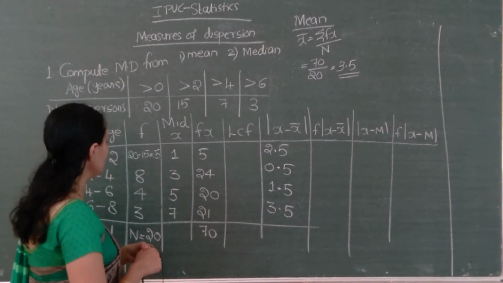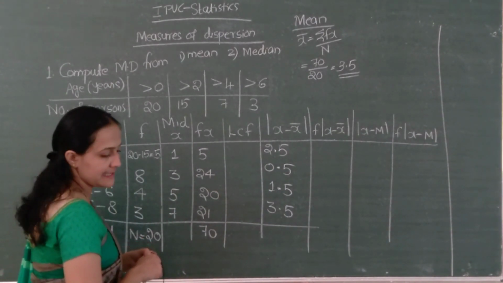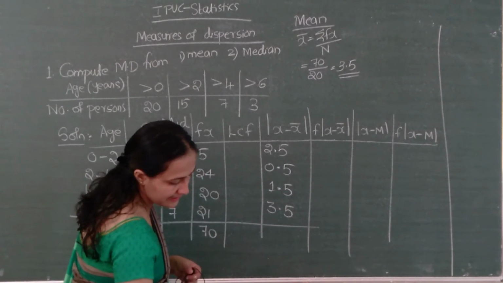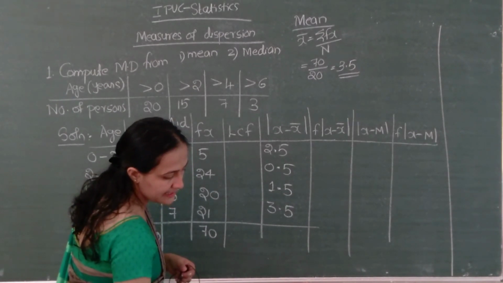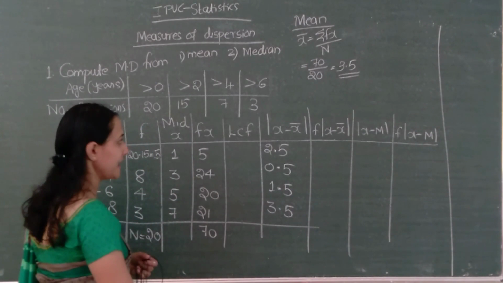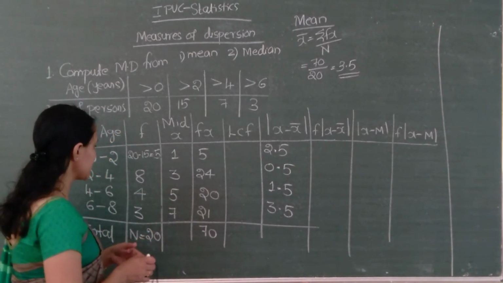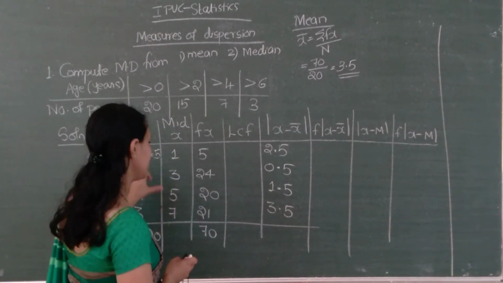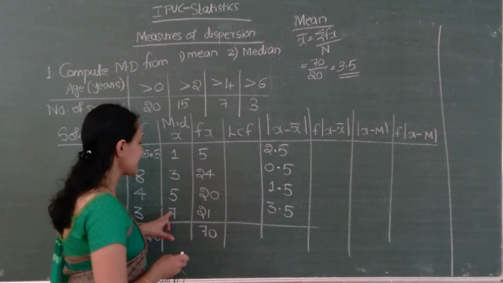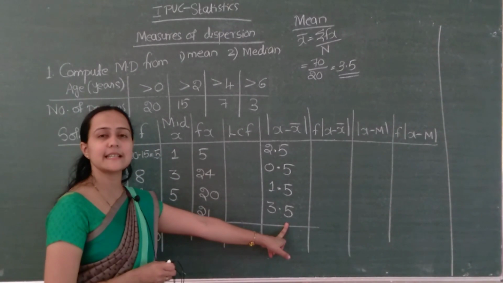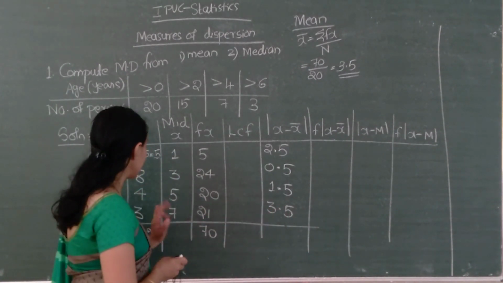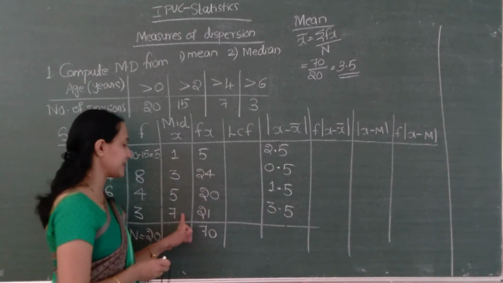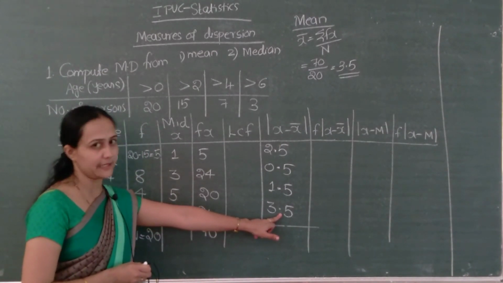Next f into mod x minus x bar. X minus x bar is this much itself. Yes, correct. Okay. 7 minus 3.5 is 3.5 itself. Sorry, I thought this one actually, correct. 7 minus 3.5 is 3.5 only.